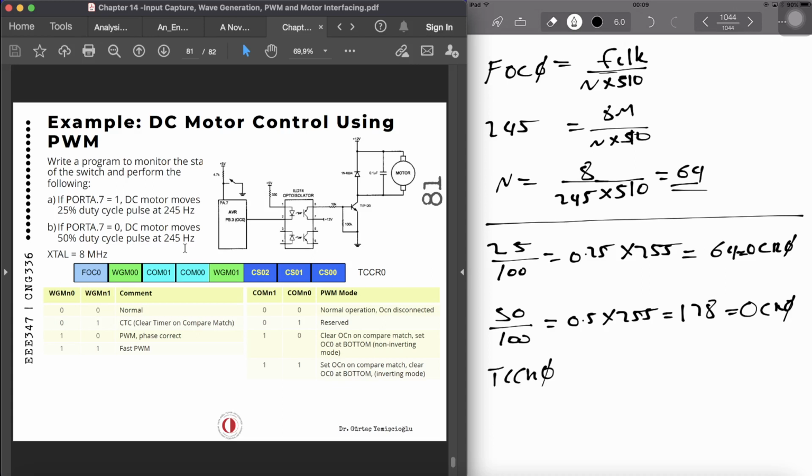How do we need to set it? This is going to be 0. Then the WGM mode phase correct is going to be 1. And the COM bits, non-inverting or inverting, it's up to us. So let's use inverting mode, and then 0, 1.